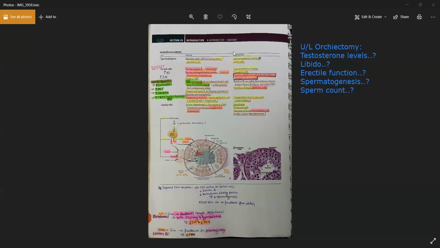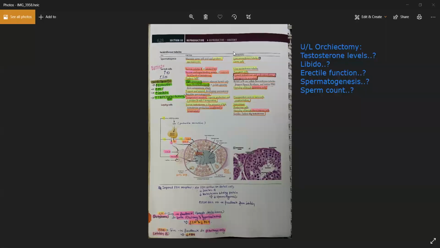Initially you have, let's suppose, 100 tubules, and these 100 tubules were producing 100 sperms, for example. You have removed 50 tubules by removing one testis, right? Now you have only 50 tubules functioning. You're increasing the Sertoli cells, you're increasing testosterone, so that will stimulate the remaining 50 tubules to secrete 70 or 80, for example, sperms, right? But it's still not 100. It's still less than 100, right?